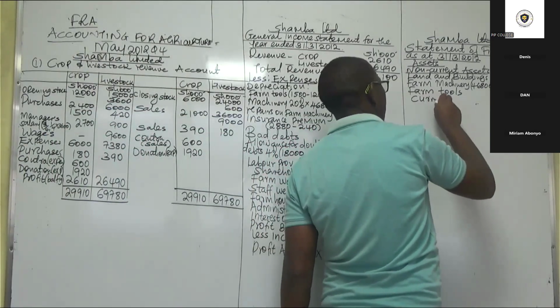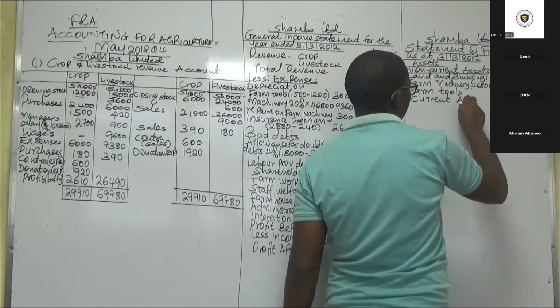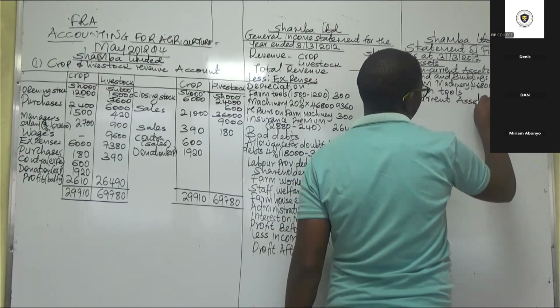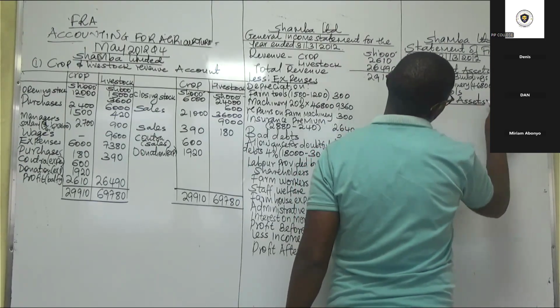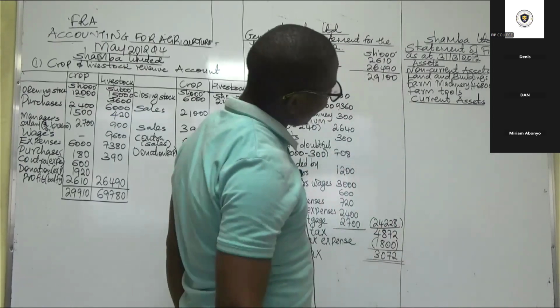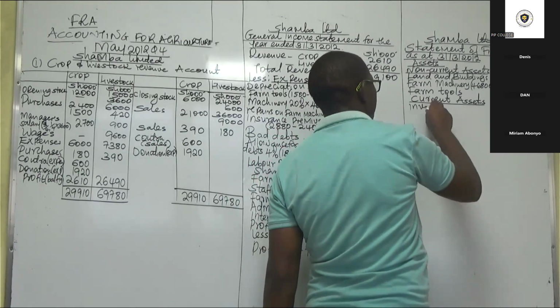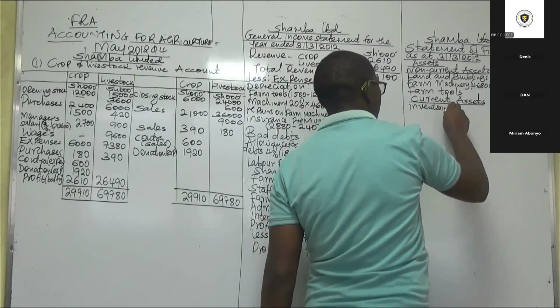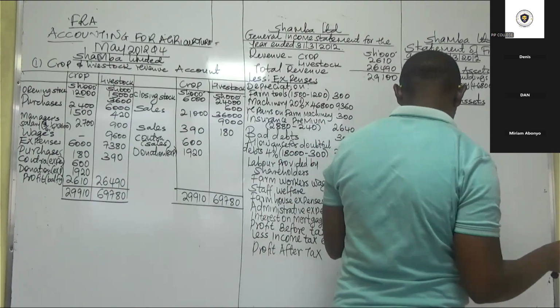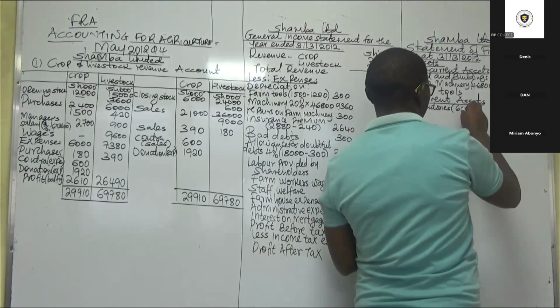We go to current assets. On current assets here, we have the inventories, and this is the closing inventories, which was on additional information number 1, 6,000.